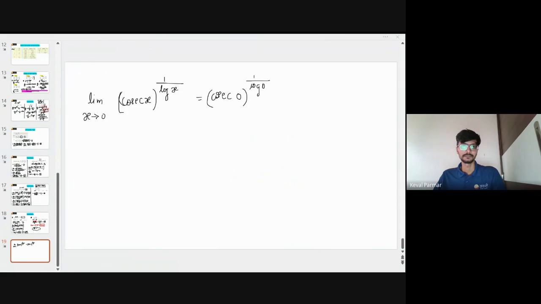So cosec 0 is 1 and log 0 is not defined. So this is basically the format 1 upon infinity.